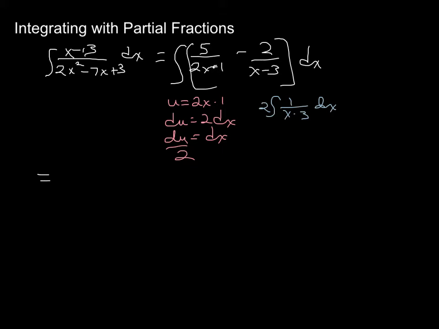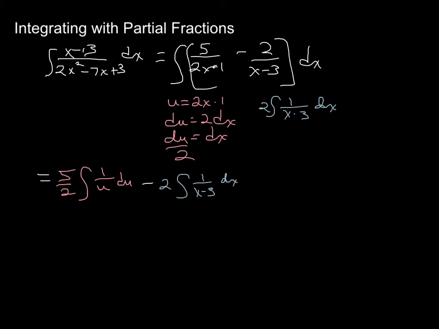So that first one, we end up with 5 halves, the integral of 1 over u du, minus, and then the second one was 2, the integral of 1 over x minus 3. And again, if you want to make that a u substitution, you can, and you would let u be x minus 3, so it's of the form 1 over u as well.